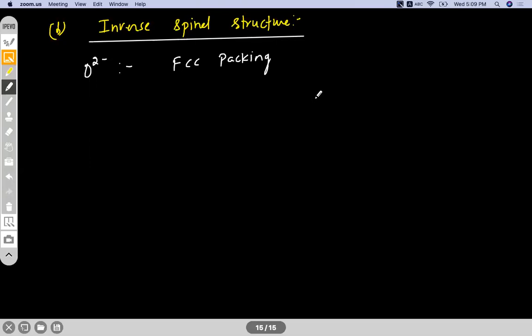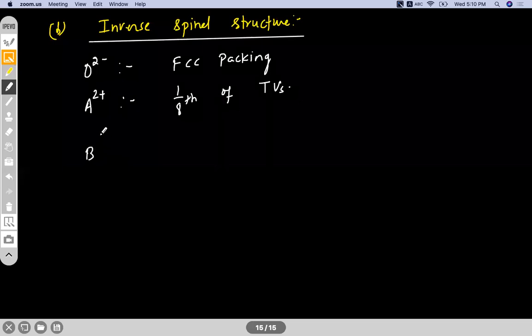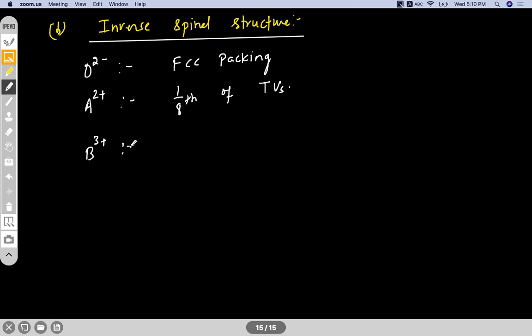A2+, the divalent cation, is also the same, in 1 by 8 of the tetrahedral voids. But we have a difference in the position of the trivalent ion.